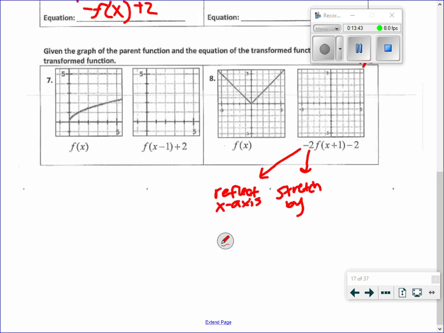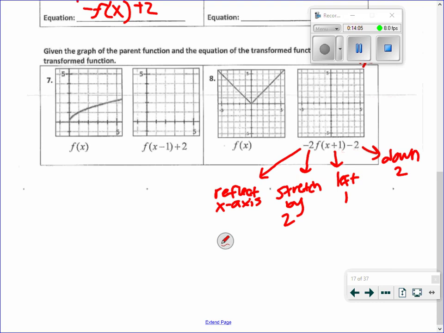Stretch by 2. And then this plus 1 inside means I'll shift left 1, and then the minus 2 outside means I'll go down 1. Sorry, down 2, my bad. So we have 4 different things we want to try and express here.